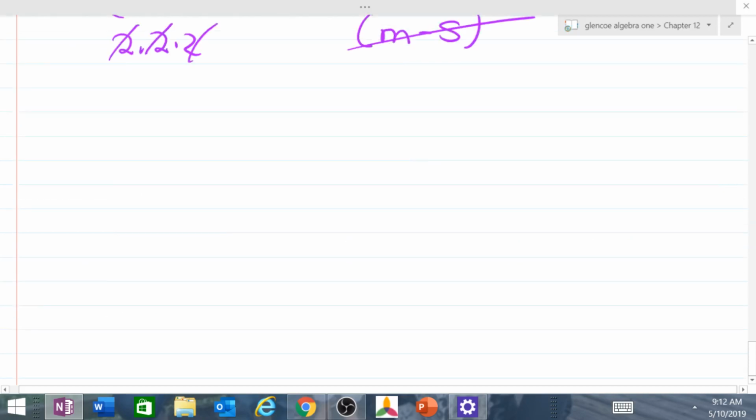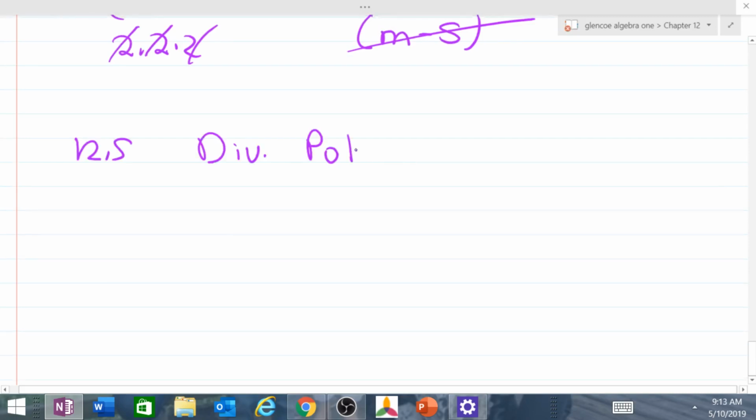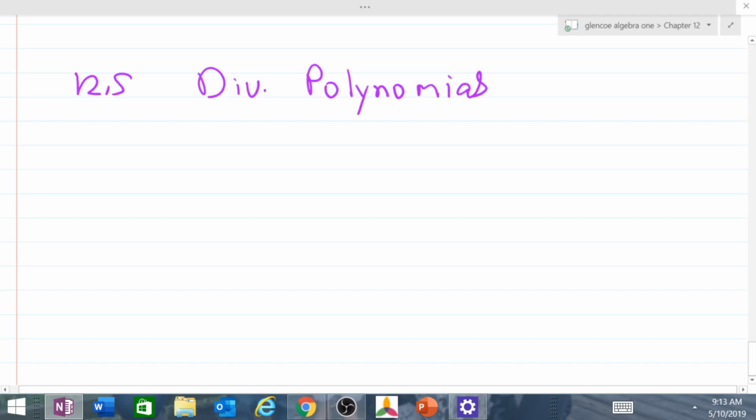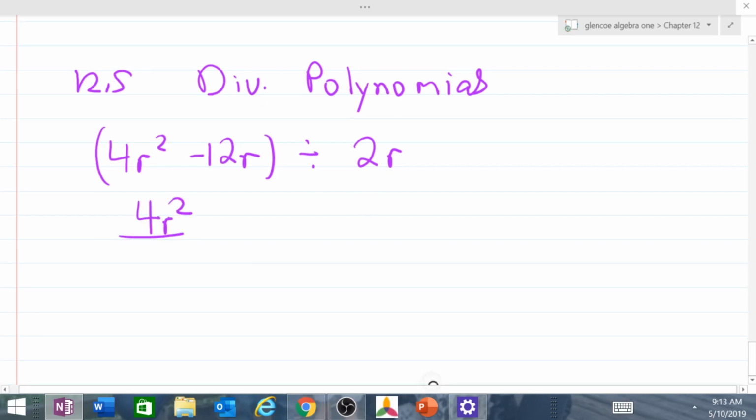12.5, dividing polynomials. So let's take it nice and easy, and here we go. 4r squared minus 12r divided by 2r will become 4r squared over 2r minus 12r over 2r.